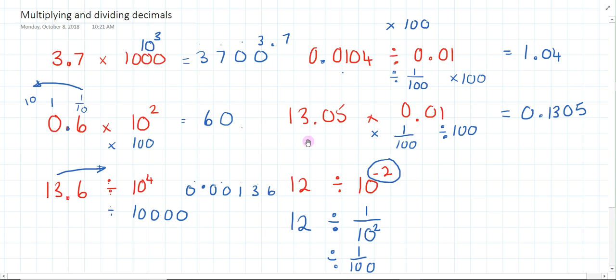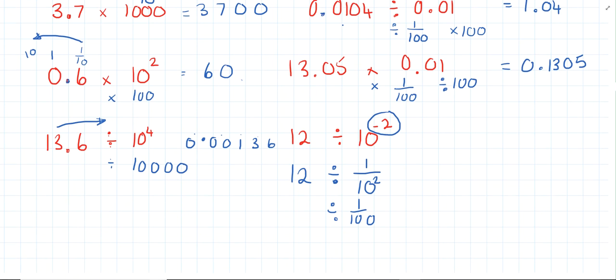Which is the same thing as multiplying by 100. So my answer is? No negatives. 1,200. We got the same thing, that means it's right. Two people got the same one.